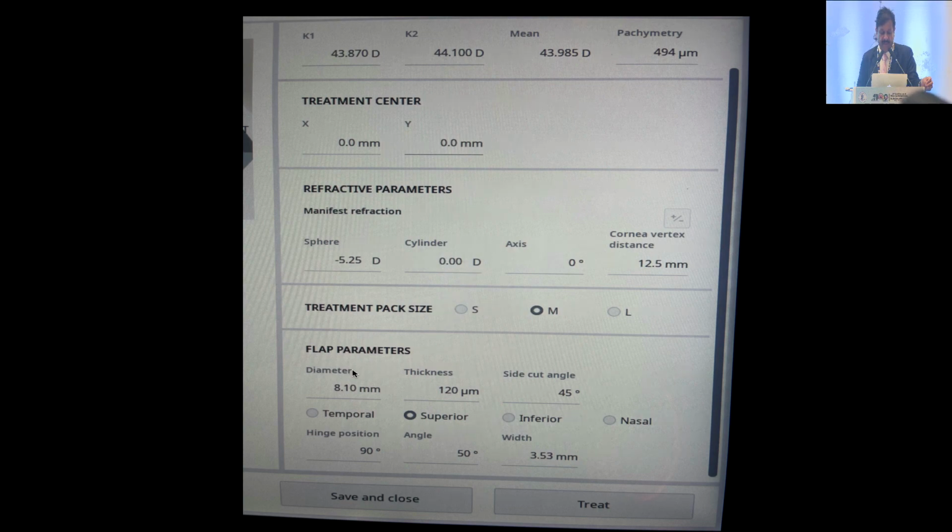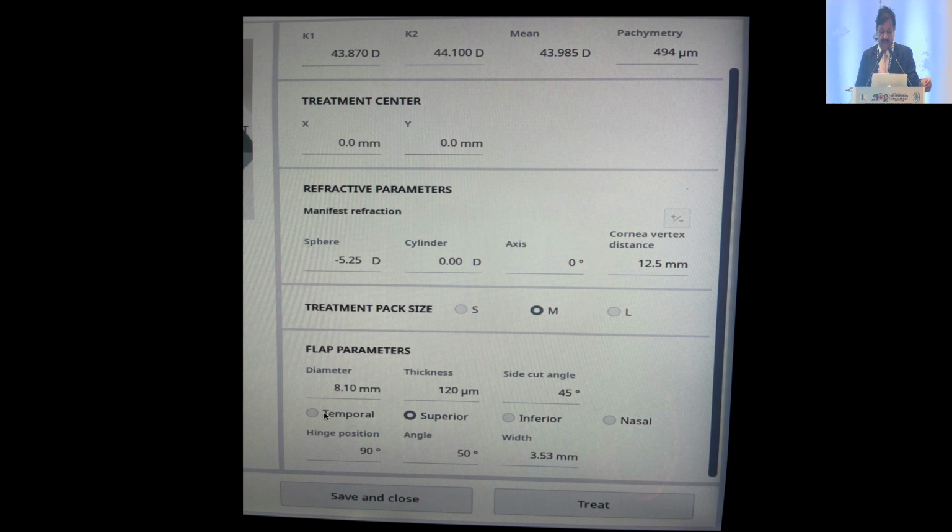The flap parameters which can be titrated vis-a-vis the microkeratome are the diameter of the flap. You can have the thickness varying from as low as maybe 90 microns to whatever depth you want. The side cut angle is very, very important because it is one of the factors which helps with epithelial ingrowth, and it can be titrated.